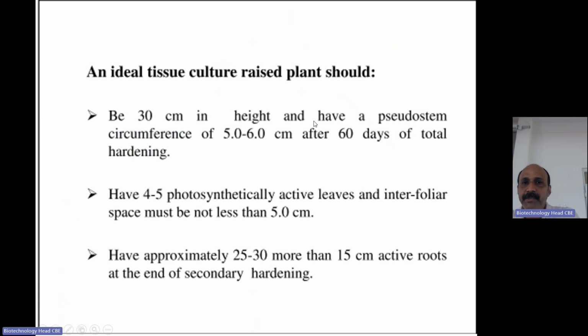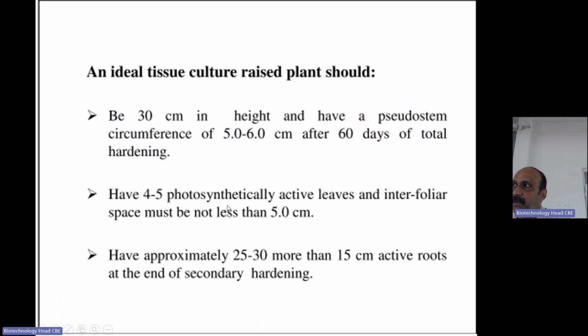So an ideal tissue culture raised plant, before marketing, should be at least 30 centimeter in height and should have a pseudostem circumference of 5 to 6 centimeter after 60 days of total hardening.